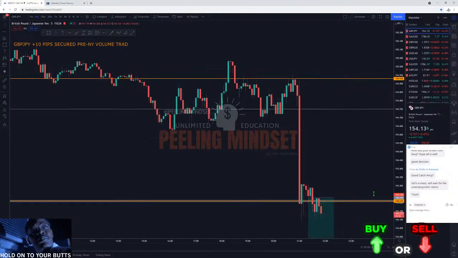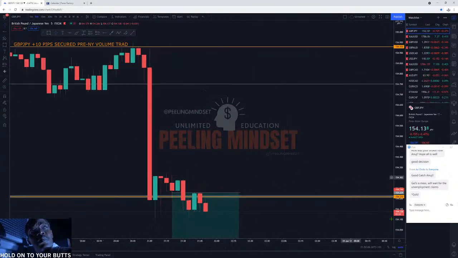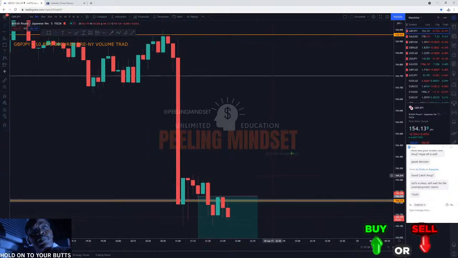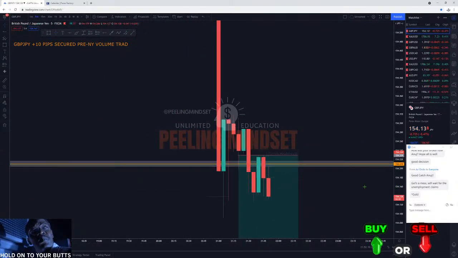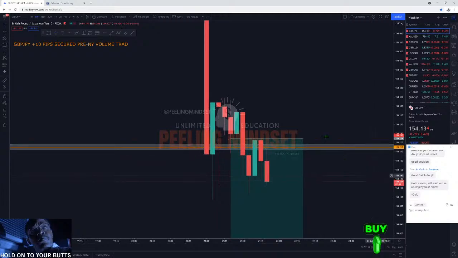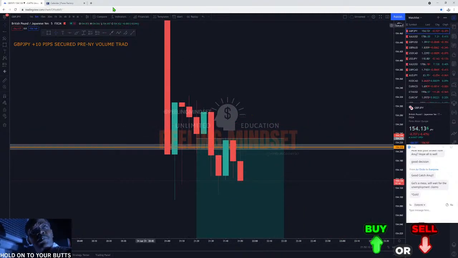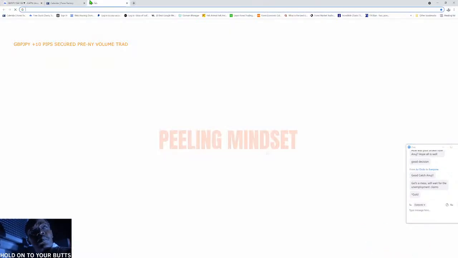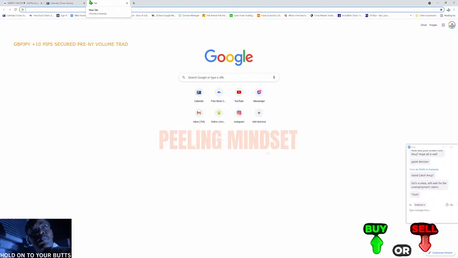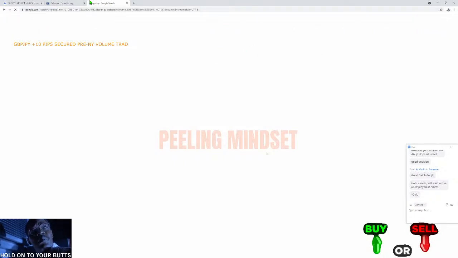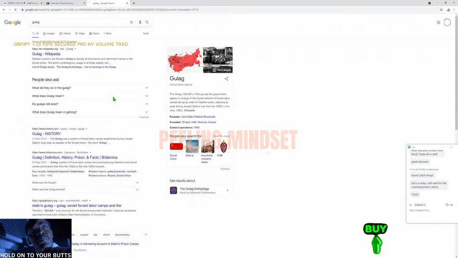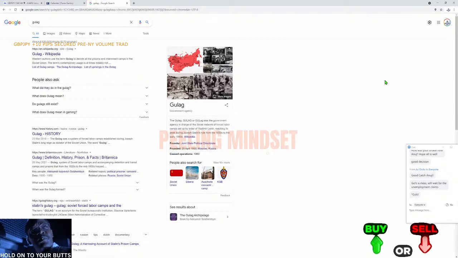Oh yes, Gulag is actually like a spot. There's a background story to Gulag that comes back from the old Cold War days, right? Gulag is a term used in the online game Call of Duty, and when you die, you get into that Gulag.